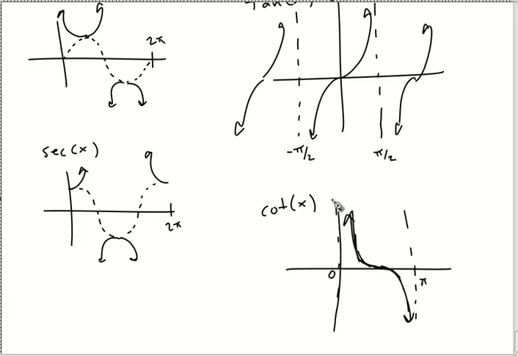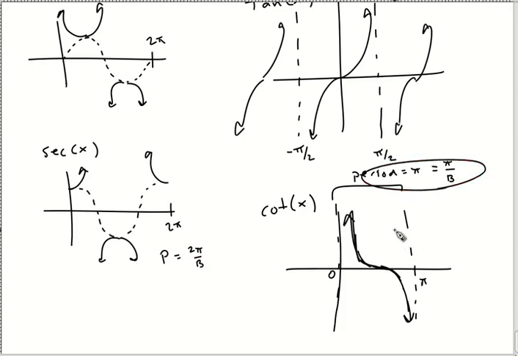So yet again, I have a period of pi. And so whenever I'm doing my formulas, it's pi over b, just like over here, my period is 2 pi over b. So when it comes to tangent and cotangent, our new formula is pi over b. Okay, so that's a little different.